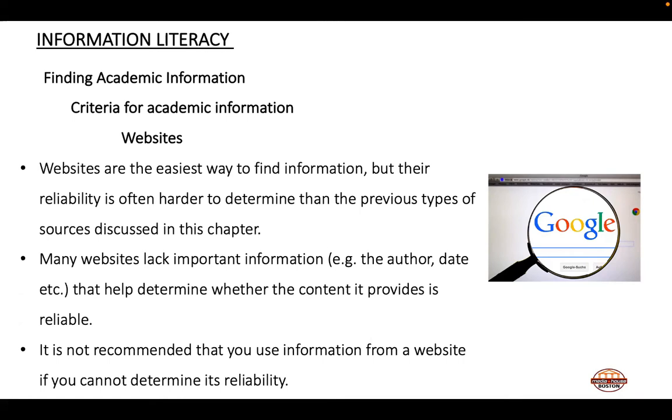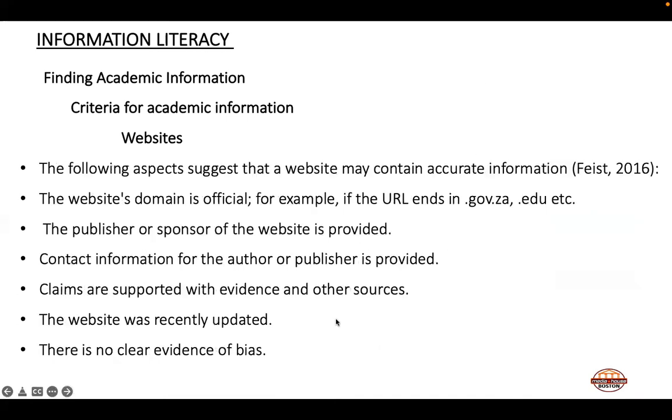So we need to check and ascertain if the information that we receive from a website is reliable, okay? And how do we do that? So we look at the domain's URL, okay?